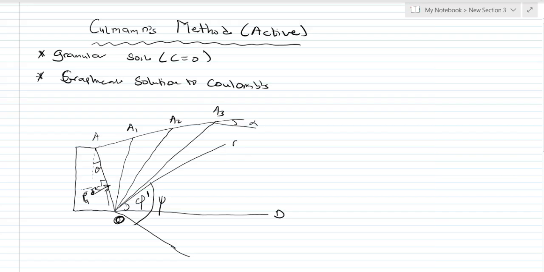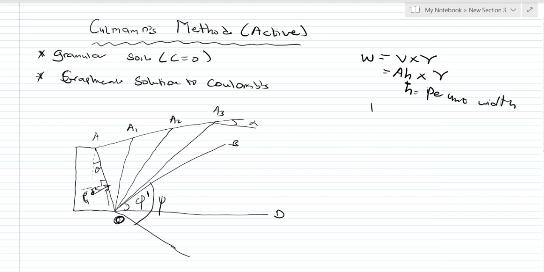Calculate the weight of these trial wedges. Note that the weight is simply the volume times the unit weight. This volume can be represented as the area times a certain height times gamma. We are using H per unit length, so 1.